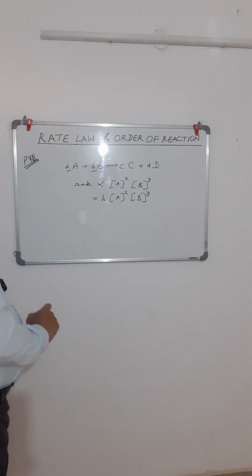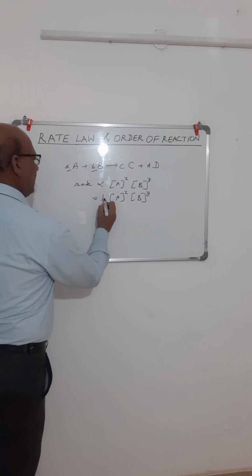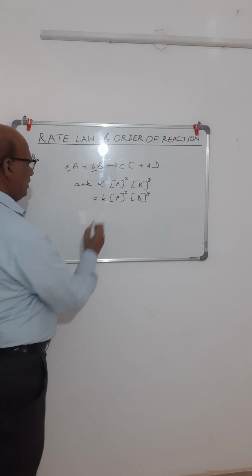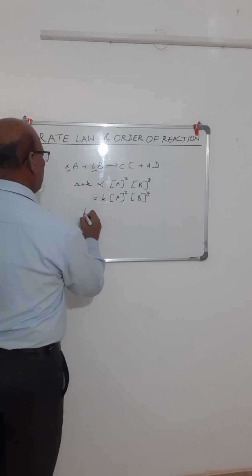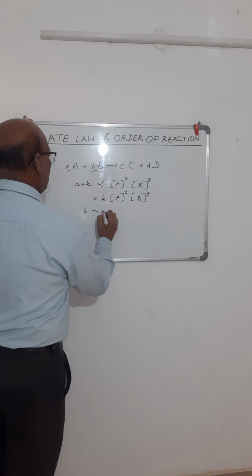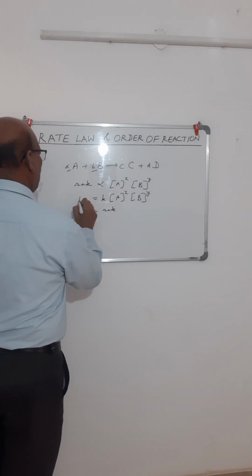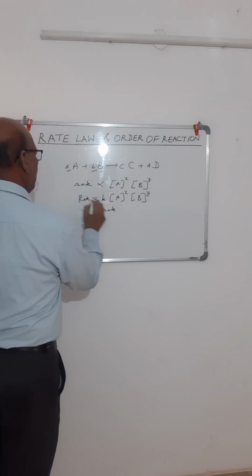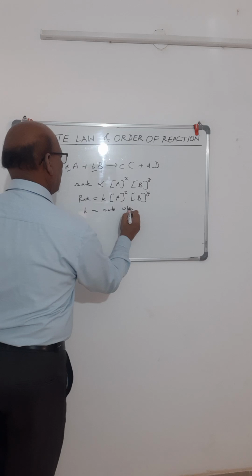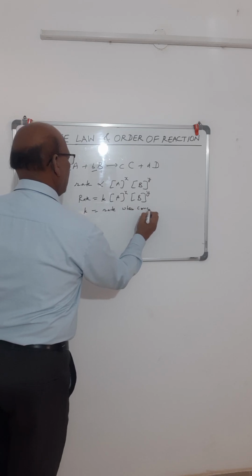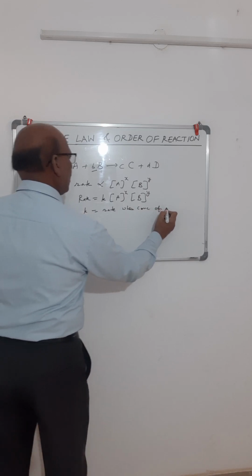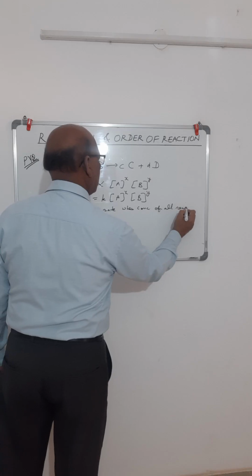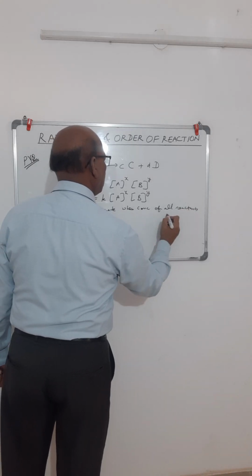Okay, so how we define this k which is called rate constant? So we can say that rate constant k is equal to rate, okay, when concentration of all reactants are unity.